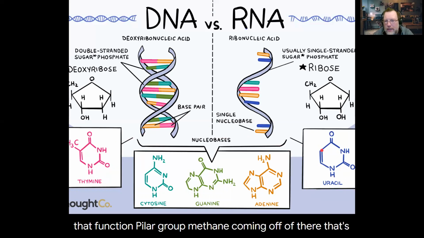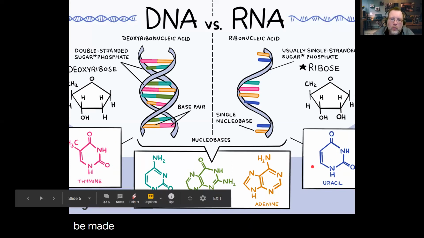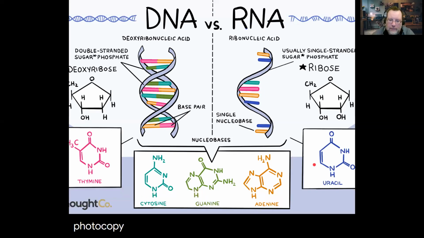That's basically the only difference. What that lacking functional R group does for uracil is allow for a connection to be made with adenine when we make a photocopy and ultimately translate or read that photocopy.